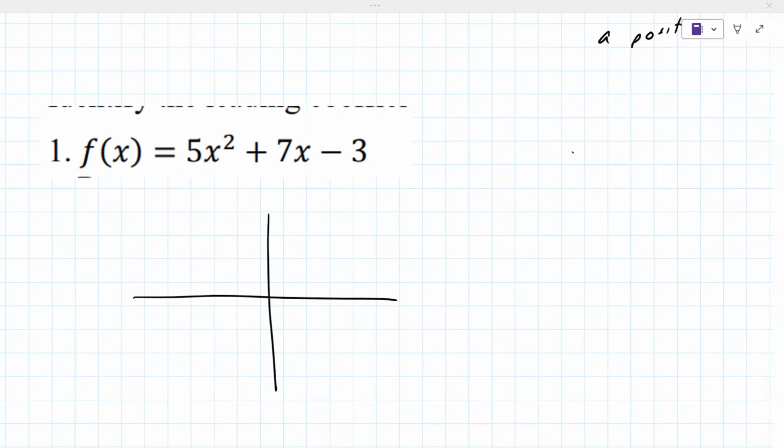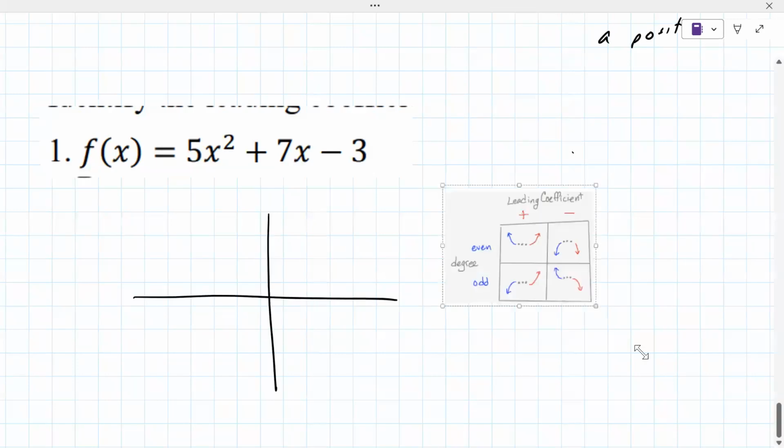Let me see if I can just grab the end behavior graph. See if I can find an image of that, because what I'll do is I'll just snip them in. All right, so this is a nice picture. I just found this on the web.